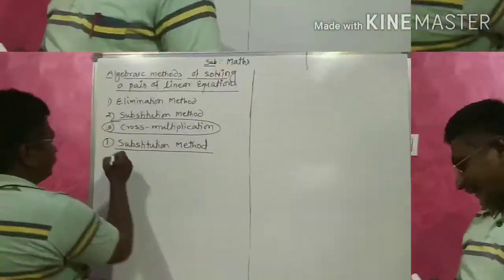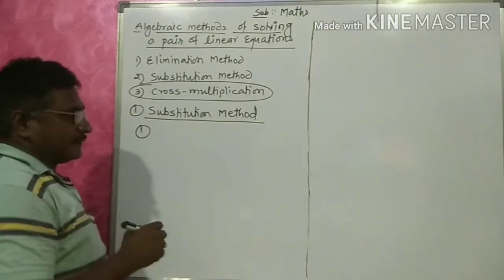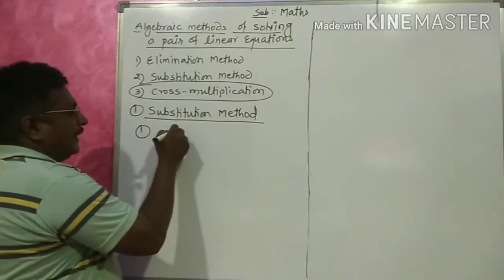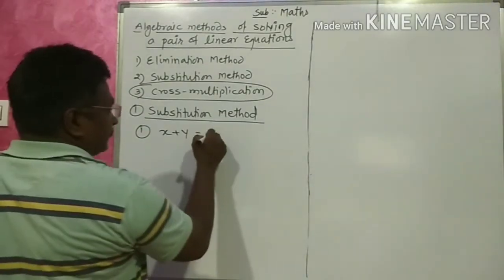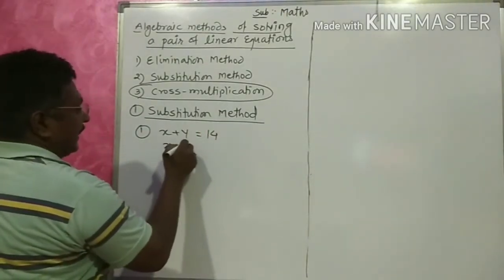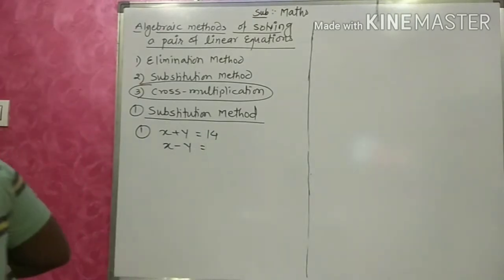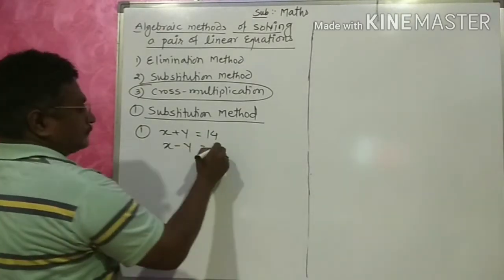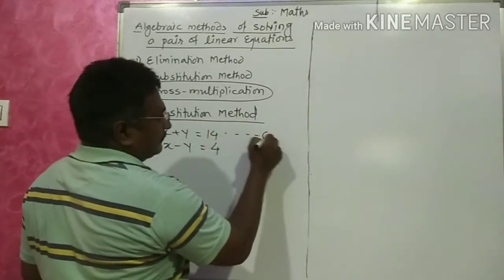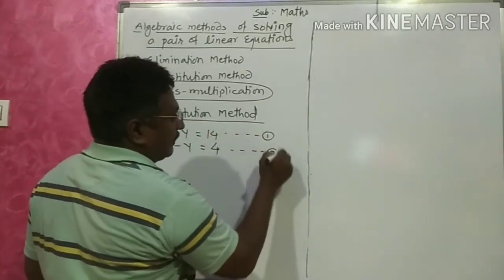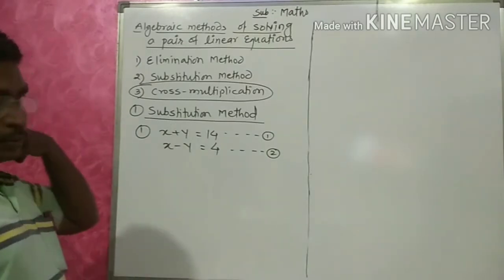So we will take one example. First example: x plus y equals 14, x minus y equals 4. These are the two equations given, equation number 1 and equation number 2.